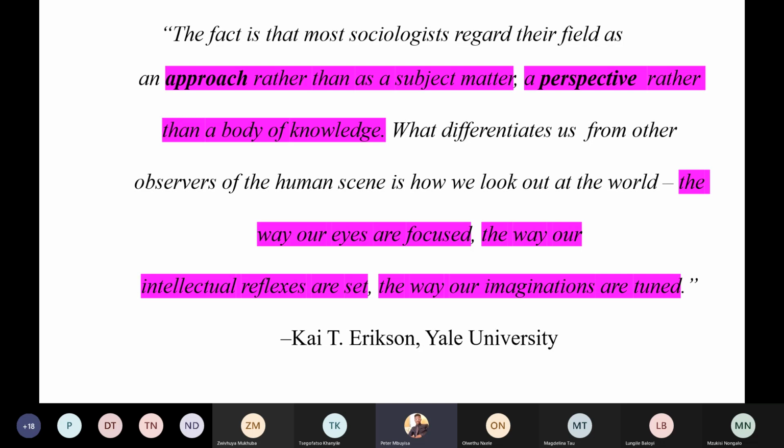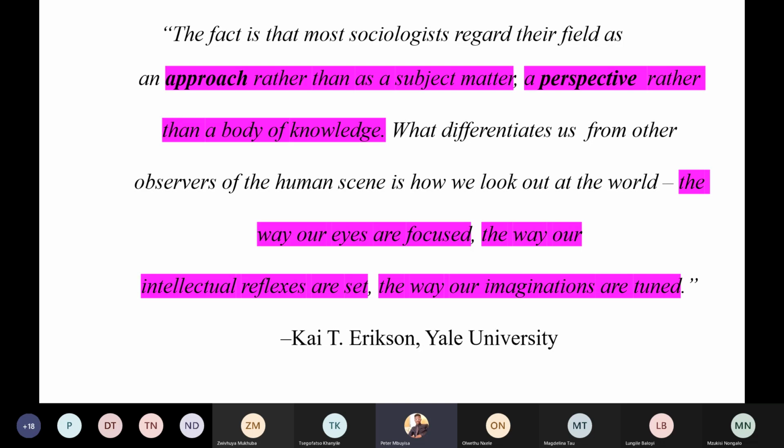And the last part of his quote says what differentiates us from other observers of the human is how we look at the world. So our eyes are focused in a flexible manner. Our intellectual reflexes are also tuned in a flexible manner.